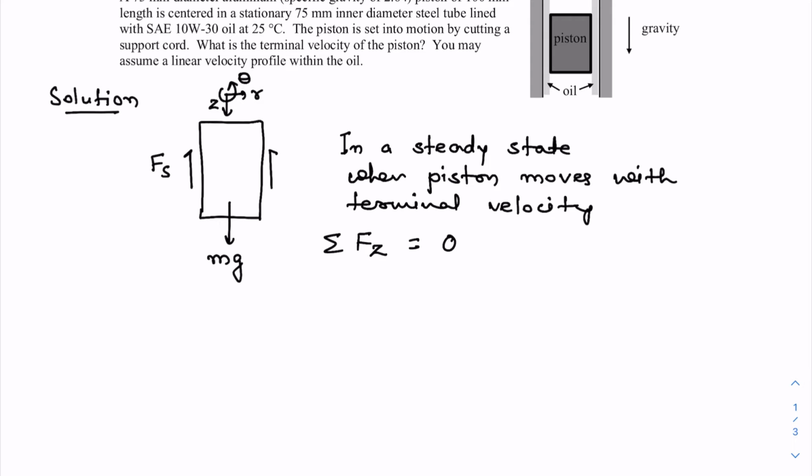Since we only have two forces, one is the weight of the piston and the other the shear forces, we get its weight minus Fs equal to 0.